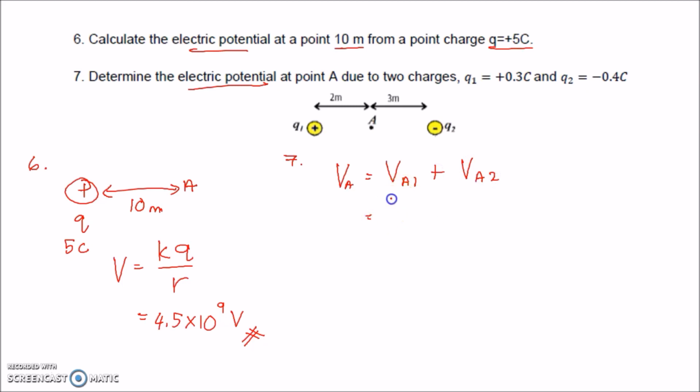So VA1 is kQ1 over r plus VA2 is kQ2 over r. Q1 is positive, so put in positive. Q2 is negative, so substitute the negative sign into this equation. Then you will get the answer 1.5 times 10 to the power of 8 volt. This is the electric potential at point A due to the two charges.